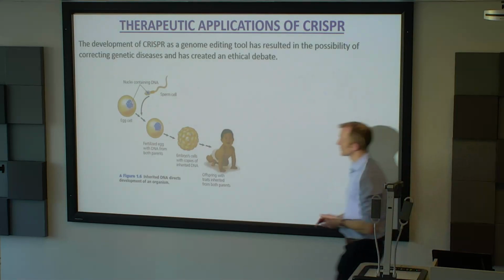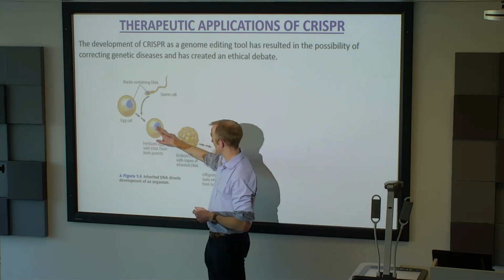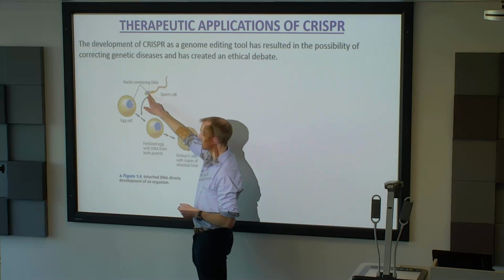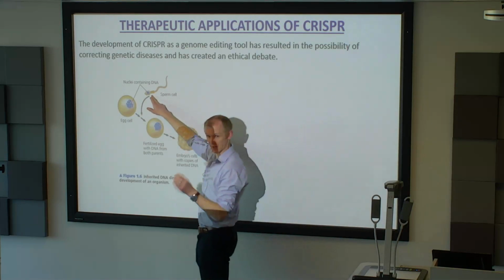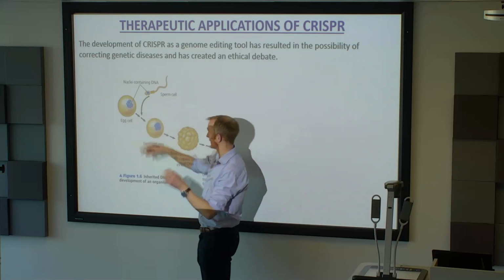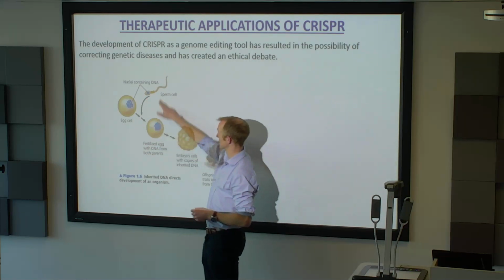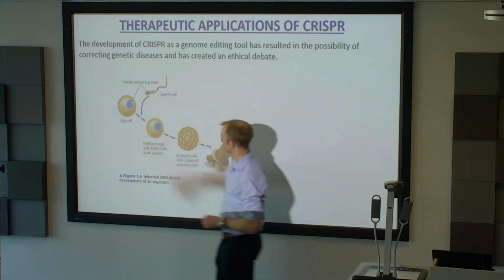Potentially, if you have a fertilized egg, which contains the DNA from the sperm and the egg, or you can genetically modify the nucleus of either the sperm alone or the egg cell. If you know, for example, the father was carrying a genetic mutation, you could potentially use the CRISPR-Cas9 system to correct that mutation, and then do in vitro fertilization, so that you'll know that the DNA has been corrected, and you get your fertilized egg.